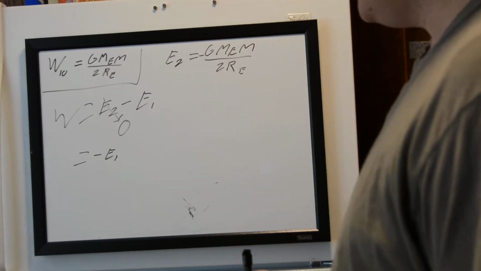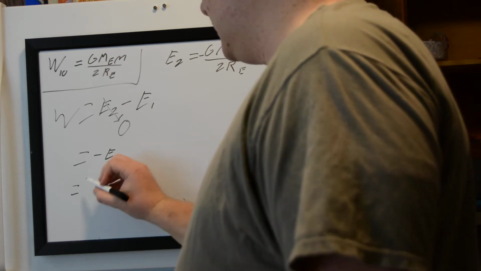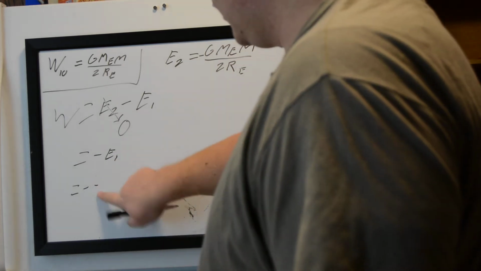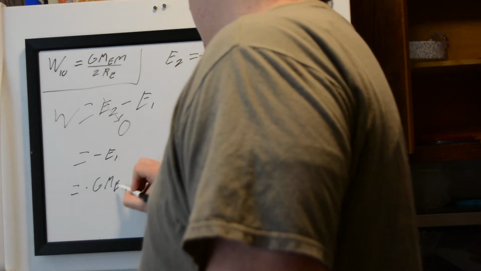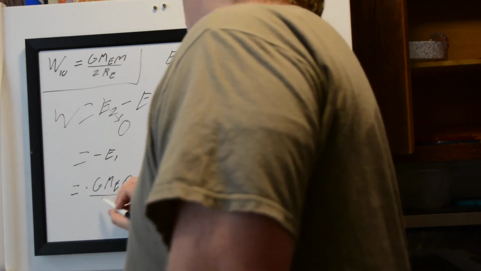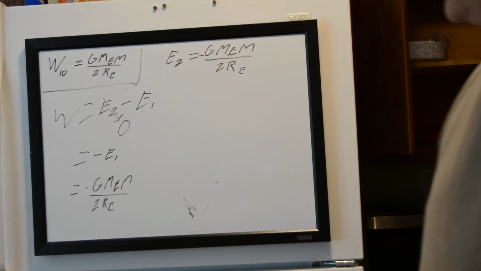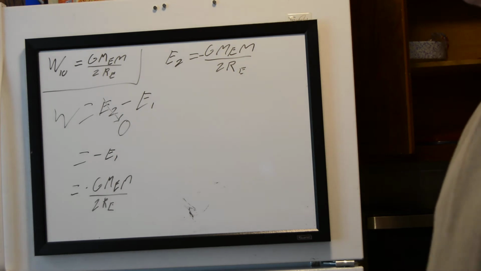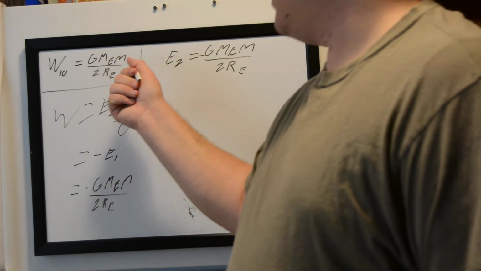So, this becomes just positive gravitational constant, mass of the Earth times the mass of our particle over twice the radius of Earth. And you may notice that is exactly what the work required to get it from the surface to low orbit is from part A.